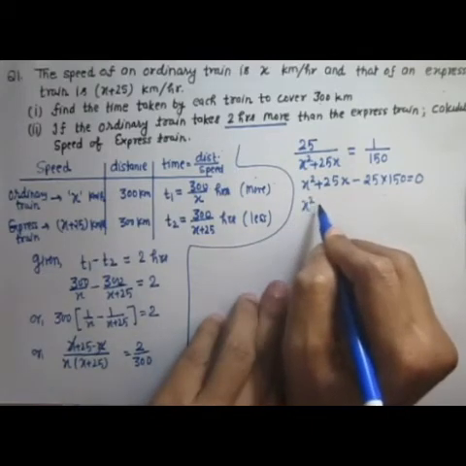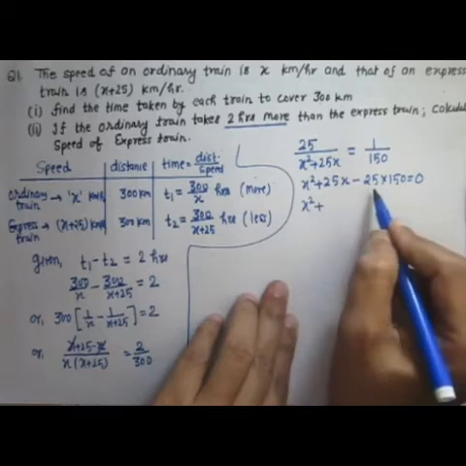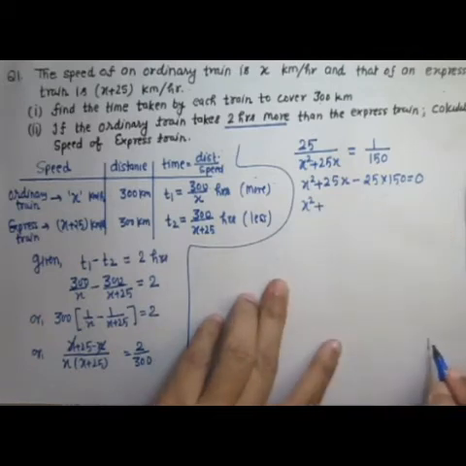So x square plus, now this 150 into 25 can be written as 75 into 2 into 25. So this is 50 and this is 75 and their difference is 25.